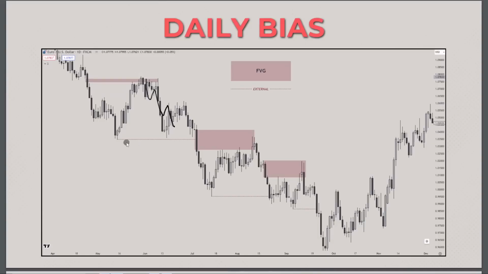What is the external range or the external liquidity? It's basically this one. So now from here, from the internal, I would be only looking for shorts all the way to where? To the external liquidity. So my bias would be going short for all those days. All those days, I'll be nothing but going lower.